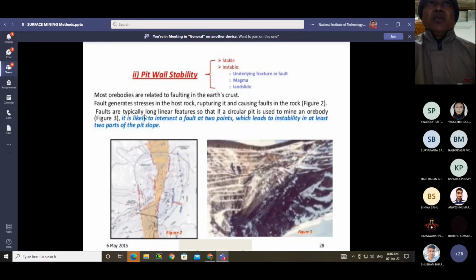Faults are typically long linear features, so if a circular pit is used to mine an ore body, it is likely to intersect a fault at 2 points, which leads to instability in at least 2 parts of the pit slope.